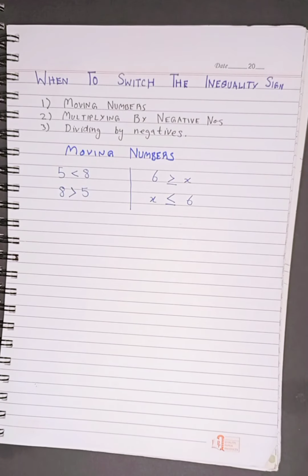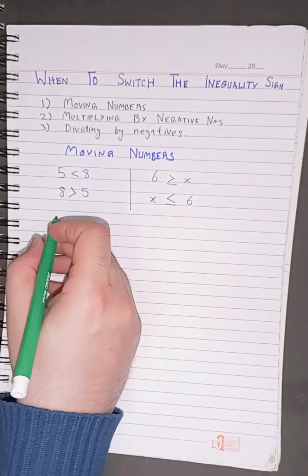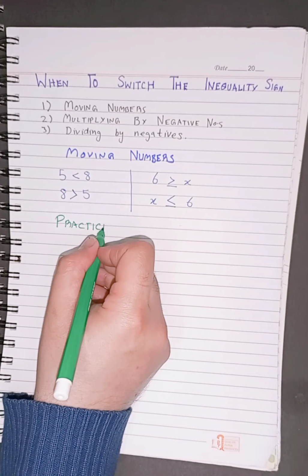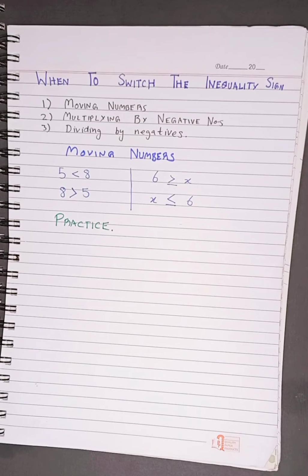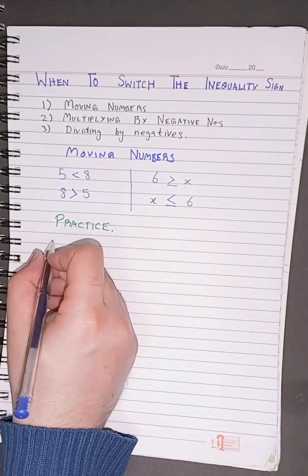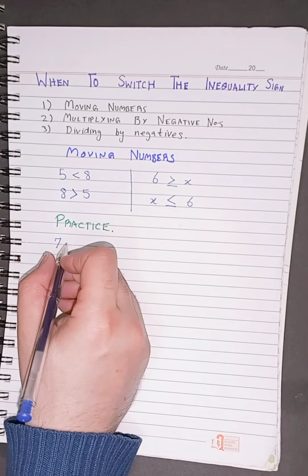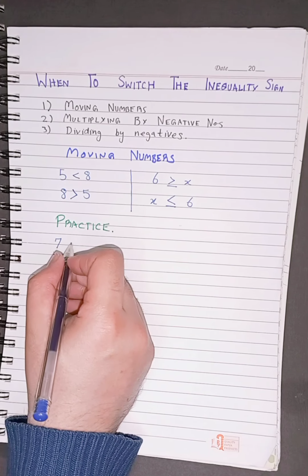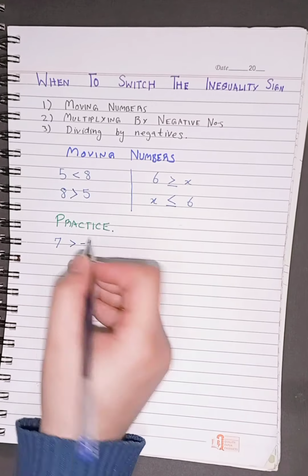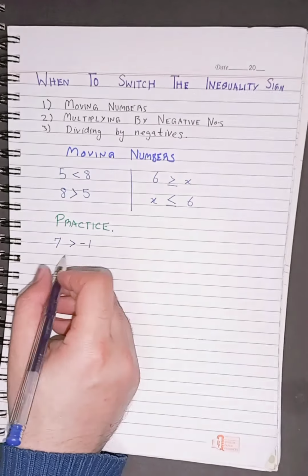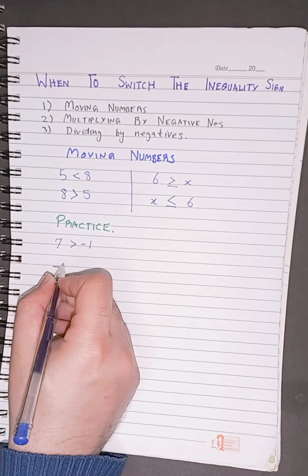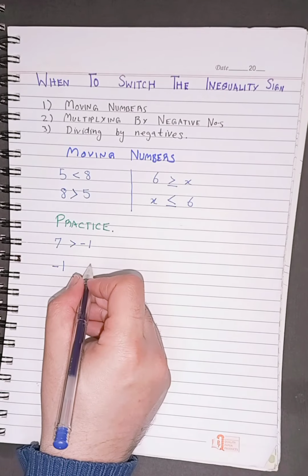Okay, so let's do some practice. You can see how much you have learned. Now we will practice some questions. You have this inequality 7 is greater than -1. Now you want to move these numbers. You will write it like -1 here and 7 here.